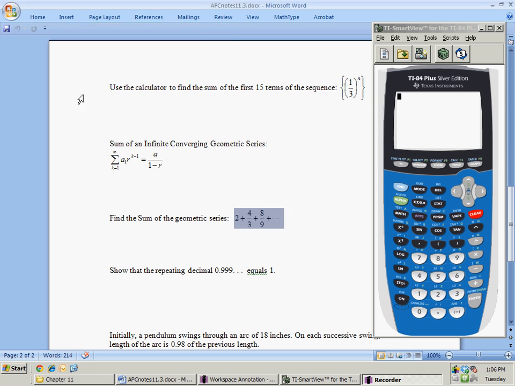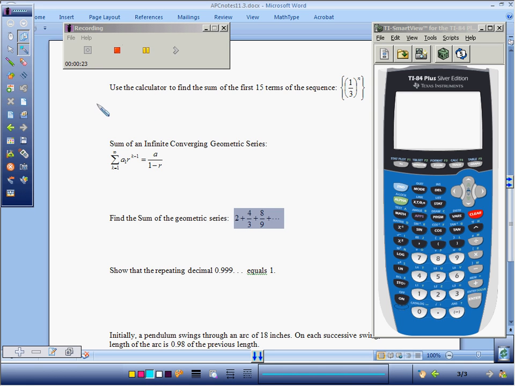So to review, the sum of a geometric sequence is S sub n equal to a sub 1 times 1 minus r to the n over 1 minus r. Okay?